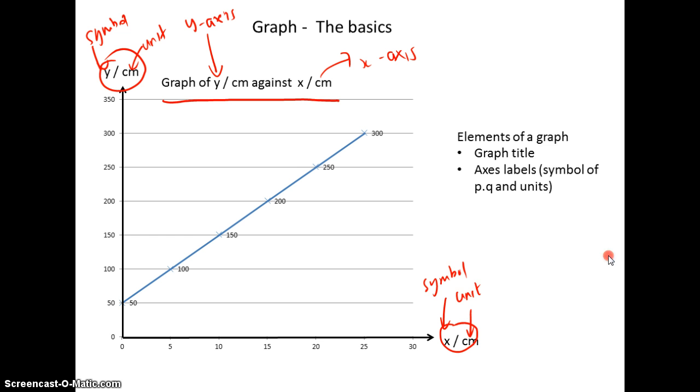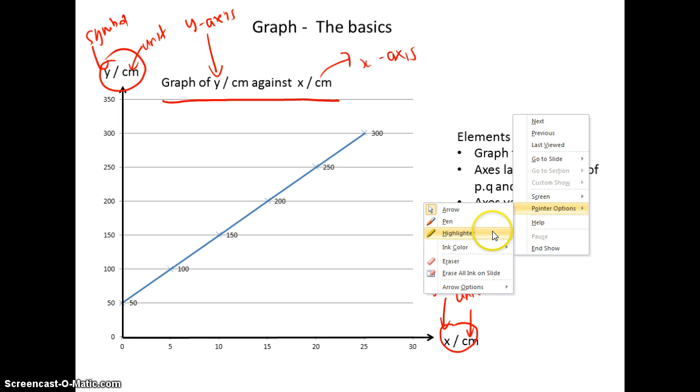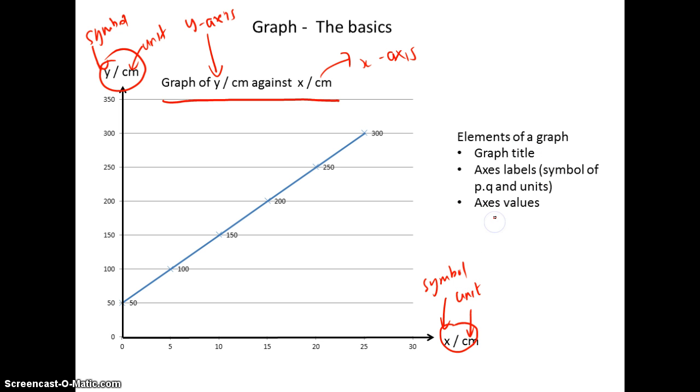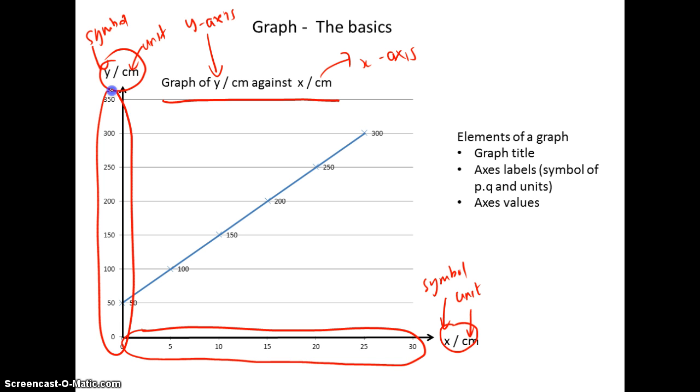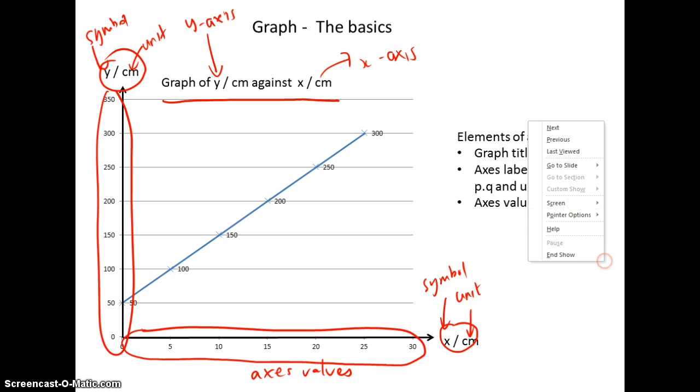Now the next thing is the axis values. Axis values are basically the numbers you see here. These are my axis values. Okay, moving on.